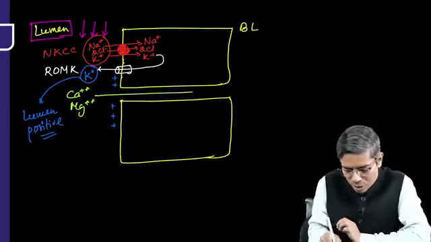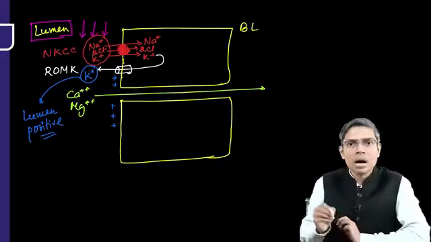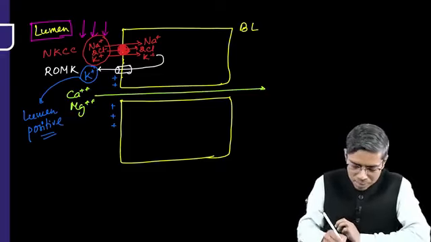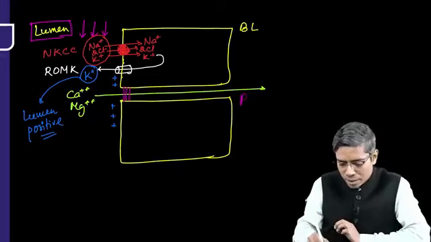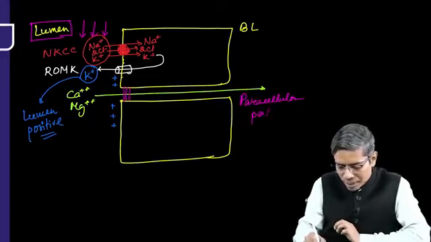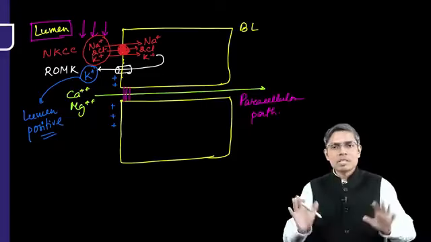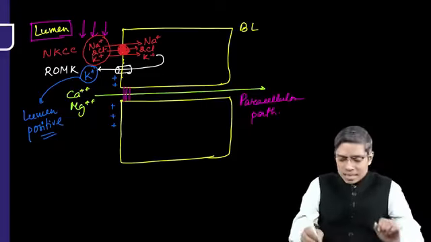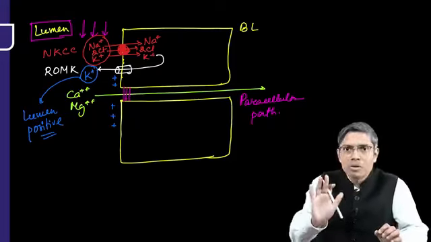How will it be pushed? It will be pushed through a pathway present between 2 cells, known as the paracellular pathway, right? With the help of this paracellular pathway, the calcium and magnesium will be pushed out of the lumen.